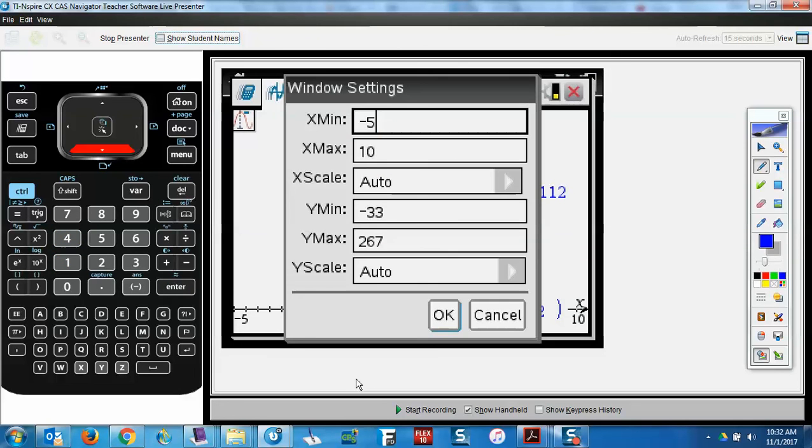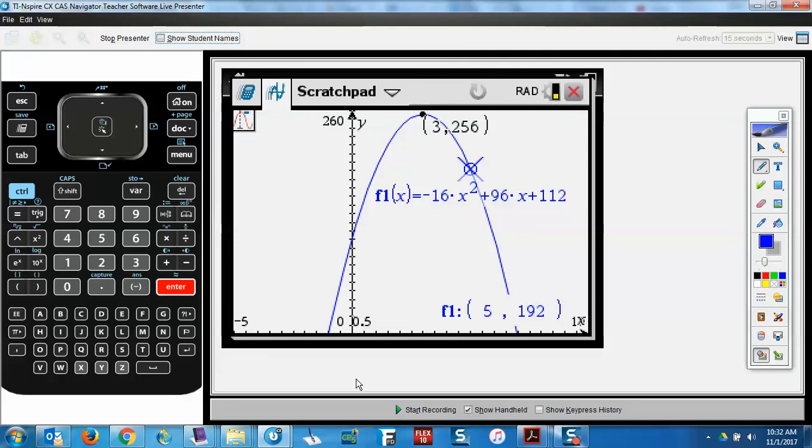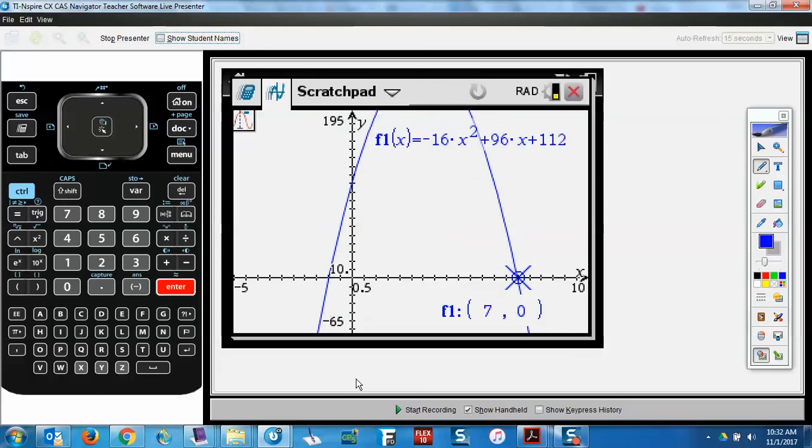If you want to see the x-axis, you might want to set that as well. All right.